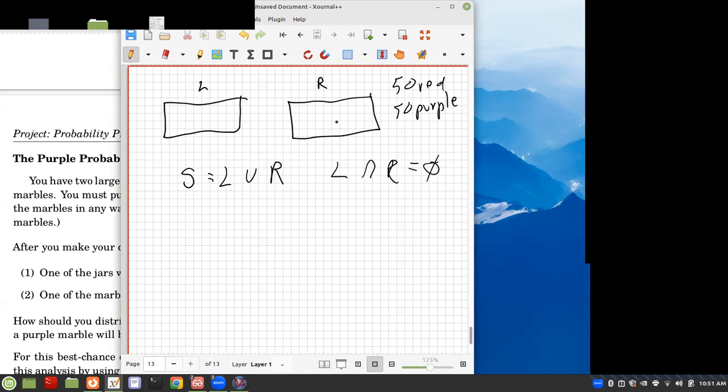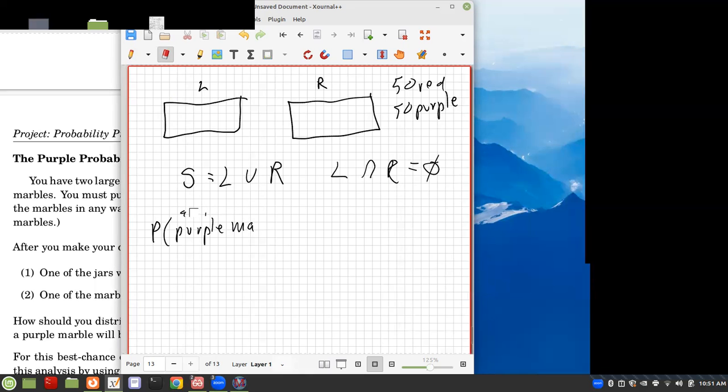And so the problem is you have to distribute the marbles, and then figure out, using the law of total probability, the probability of a purple marble. Well, you've chosen one marble.